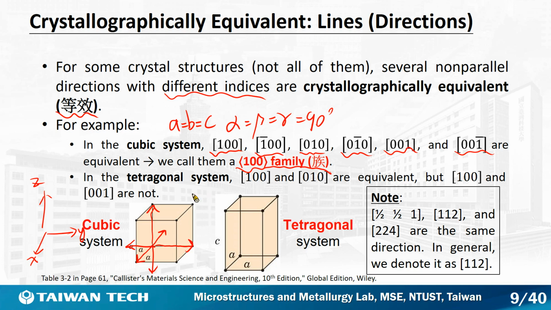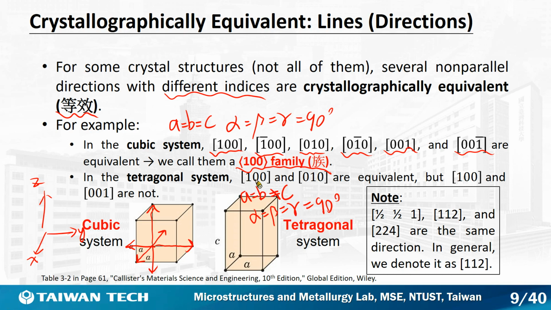Okay, but as we said, not all of the crystal structure will have this relationship. For example, in tetragonal system, we know that A equals to B, not equals to C, and alpha equals to beta equals to gamma equals to 90 degree.